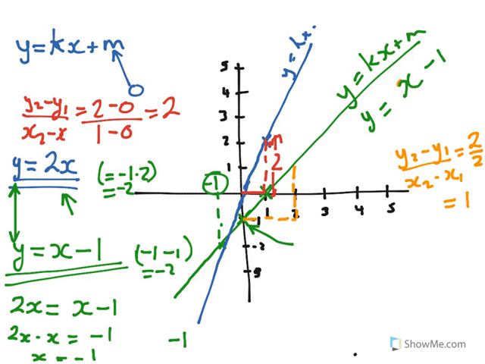So the coordinate where these two lines cross is minus 1, minus 2. And we can work out that intercept point without even having to draw the lines, just using our skills of algebra. Or we can use the graph to work out the intercept point. So there are lots of different ways you can use equations of straight lines in maths. Okay?